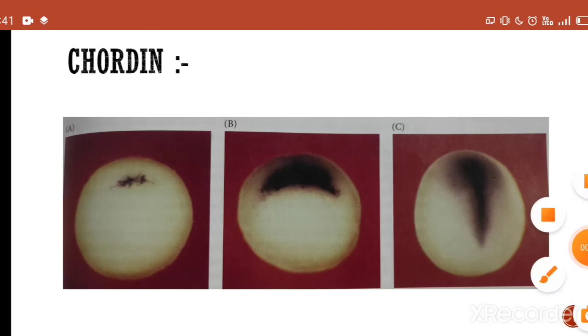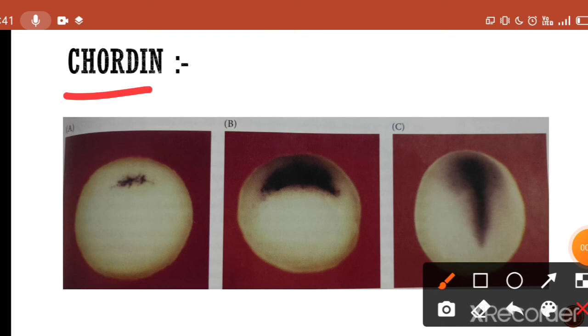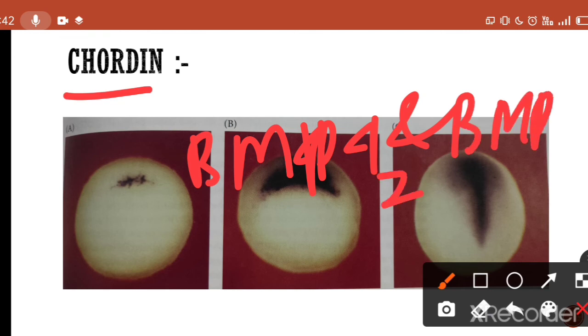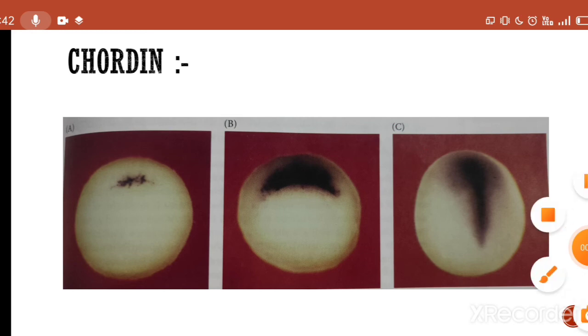And just like noggin, chordin inhibits the activity of BMPs and binds directly to BMP4 and BMP2, preventing their complexing with their receptor and inhibiting their activity.